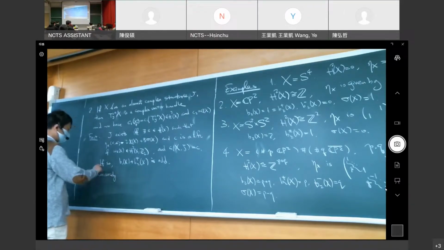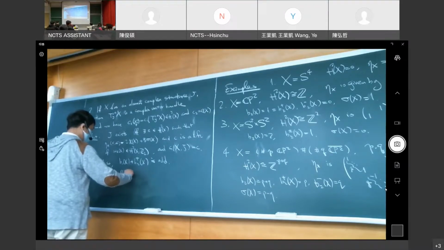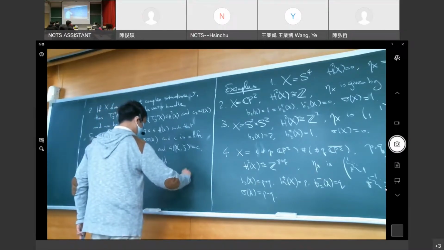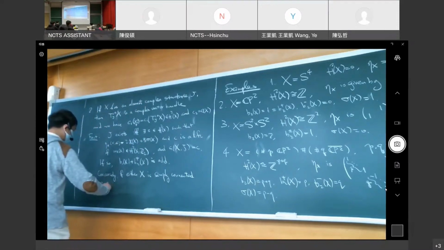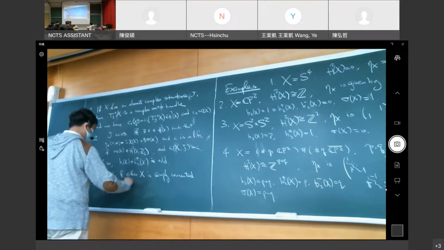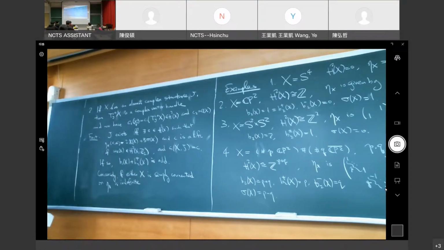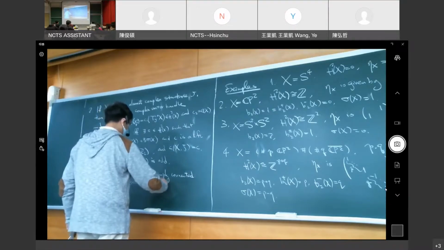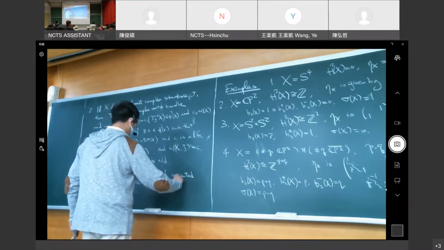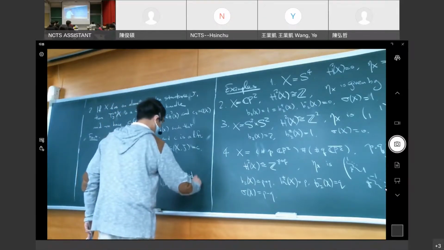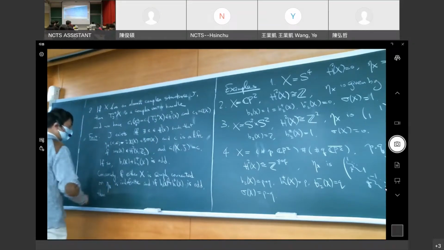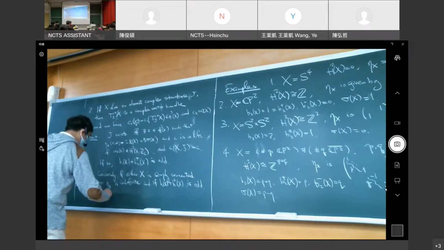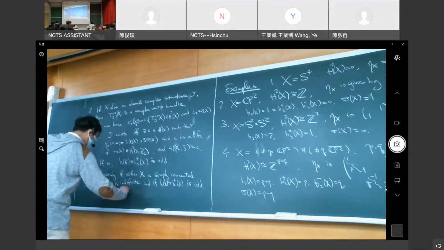Conversely, if either X is simply connected, or the intersection form is indefinite, meaning it's not positive or negative definite, and B1 of X plus B2 of X is odd, then C and eventually J exist.